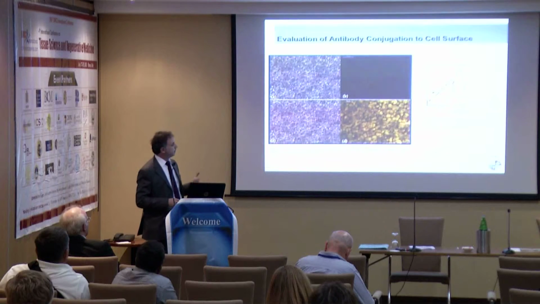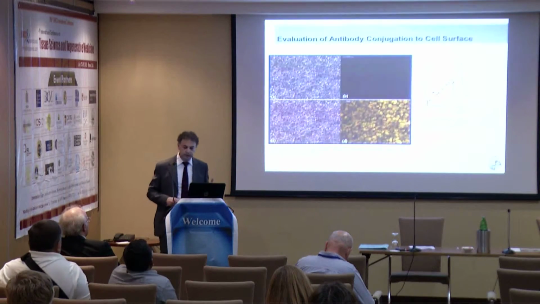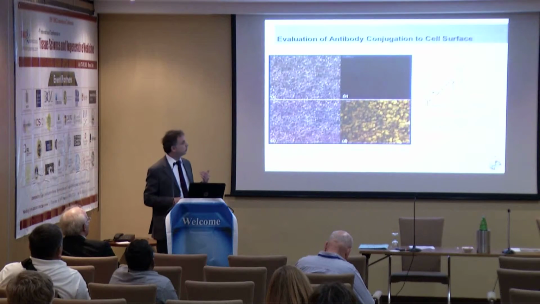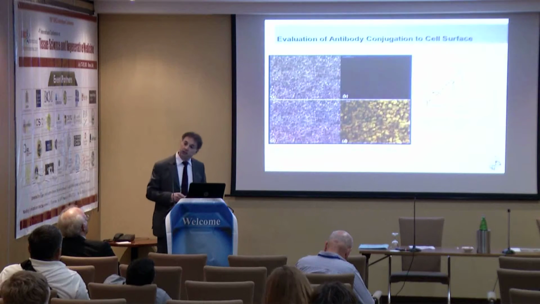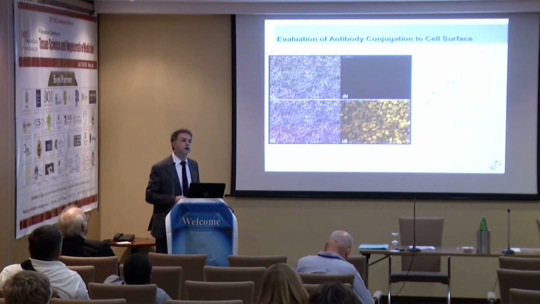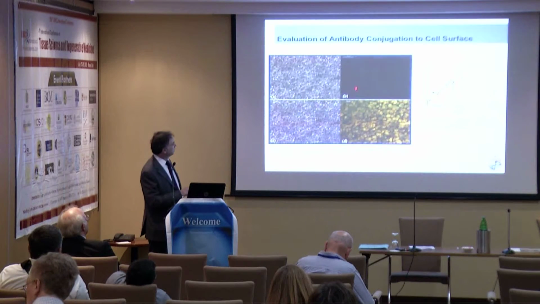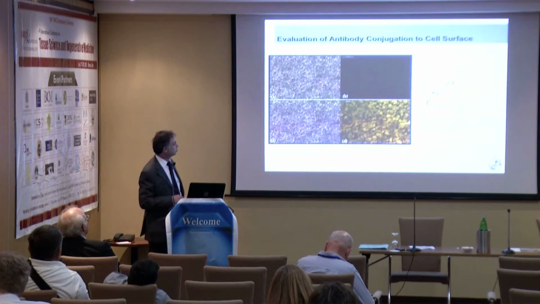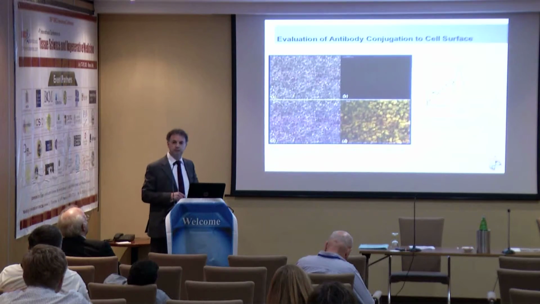Then the other question is what can we do with this nanoencapsulation? And the following idea that comes is to conjugate an antibody, maybe to target the cells. And we looked at what happened. The upper picture shows the cells that are nanoencapsulated but without the antibody.